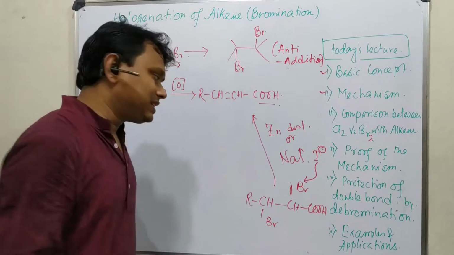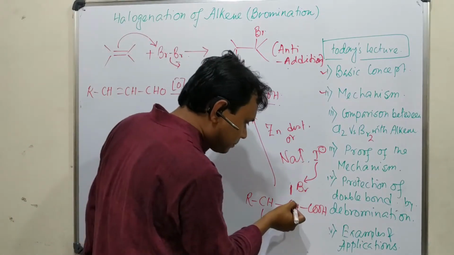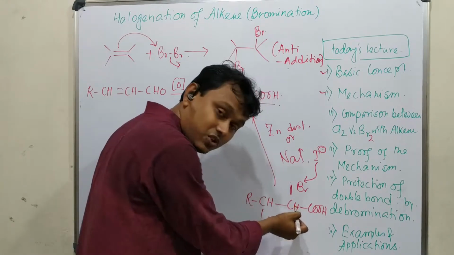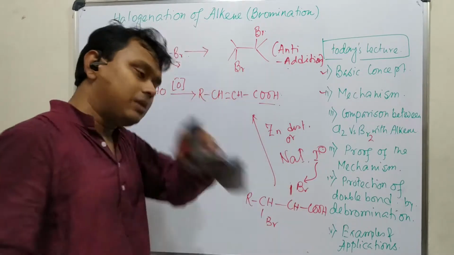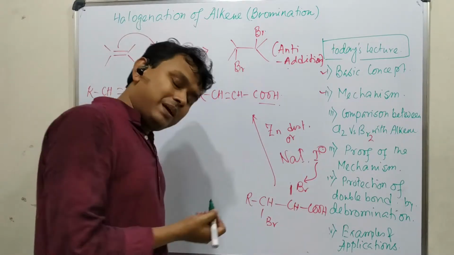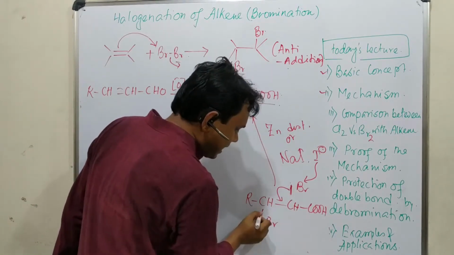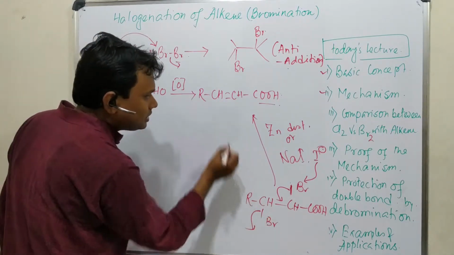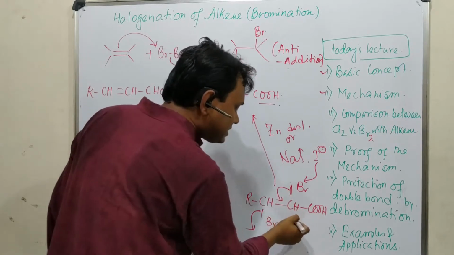It is logical that the attack will be here because it is relatively electron deficient, and if it attacks, there is a charge density enhancement on this carbon, so I expect this will be the better chance. You can draw the other one also, but based on my understanding this is more logical. So it will attack here, and this way bromine will leave. Okay, so in this way this double bond is forming.